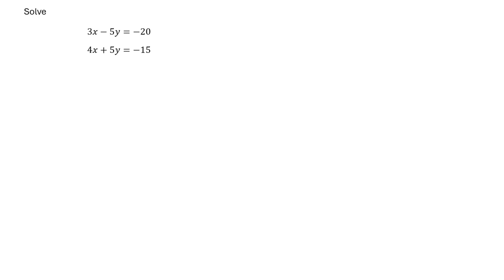In this example, we'll get rid of the y's and we will use addition because they're different. We have a negative 5y and a positive 5y. By using addition, we can eliminate the variable y.